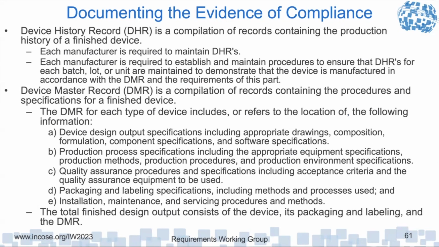And you have location information of all your design output specifications, which you built the system to, including drawings, composition, formulation, component specifications, software specifications, production processes, quality assurance procedures, packaging and labeling, installation, maintenance, and servicing procedures. And the total product consists of the device, its packaging, labeling, and the device master record.